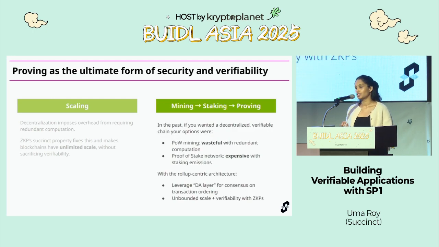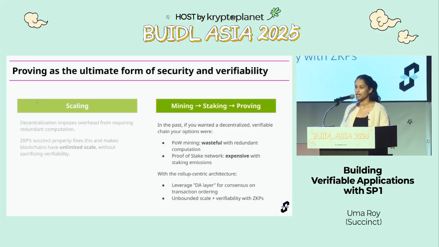I think another interesting thing to point out is ZK's role as the end game of security and verifiability within blockchains. So if you think about the transition we had from mining to staking, right? In the past, if you wanted a decentralized verifiable chain, your options were proof of work mining, which was very wasteful and lots of redundant computation to come to consensus.